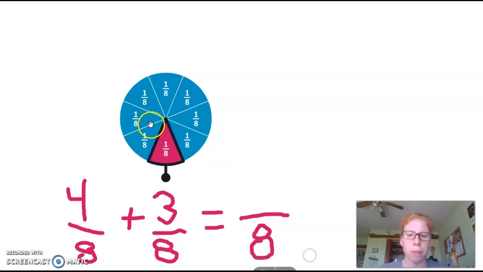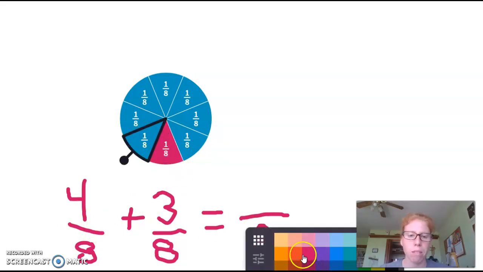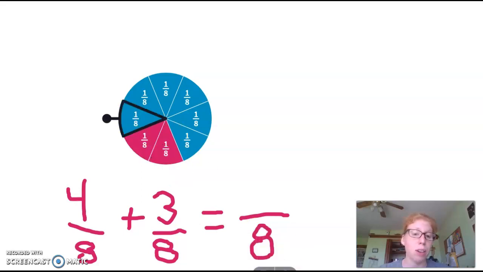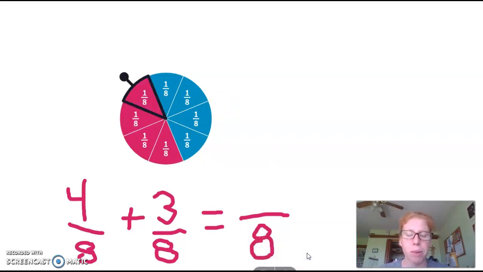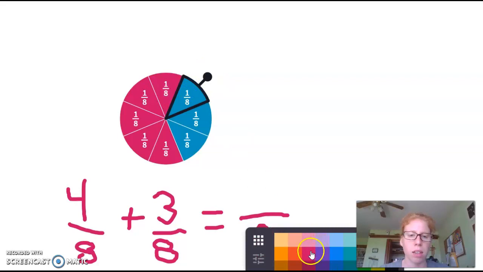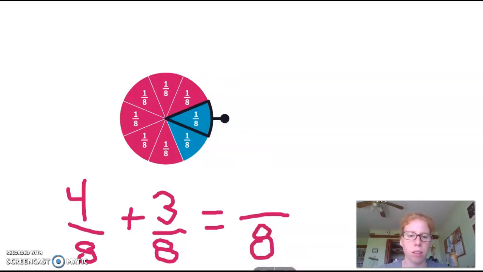There's 1, 2, and hopefully while I'm coloring this, you can come up with what 4 plus 3 is. There's 3, and there's 4 pieces of 8, right? How many more do I need to add? 3 more. 5, 6, 7. 4/8 plus 3/8 equals 7/8.